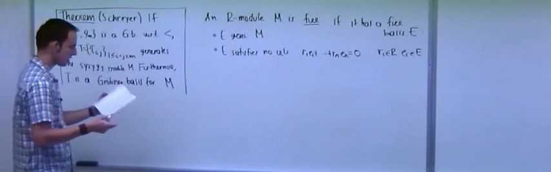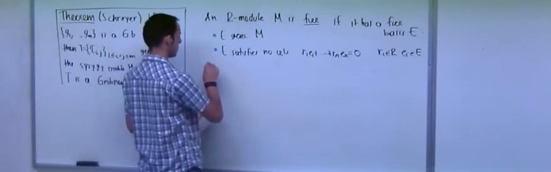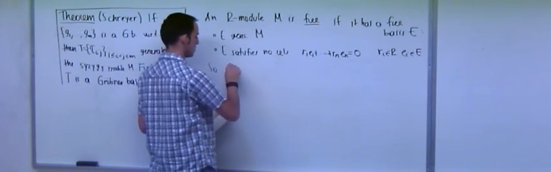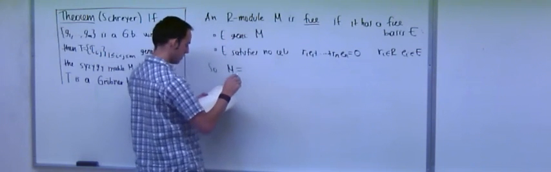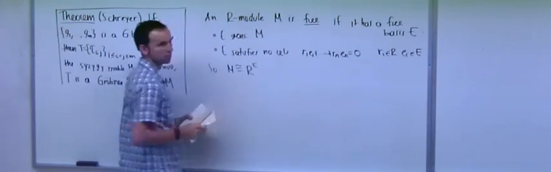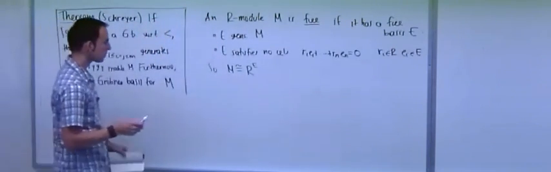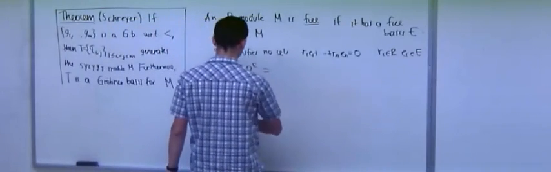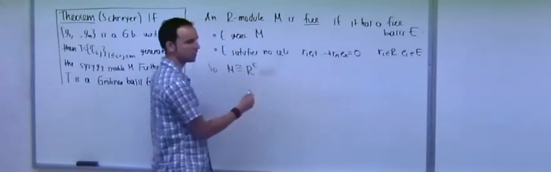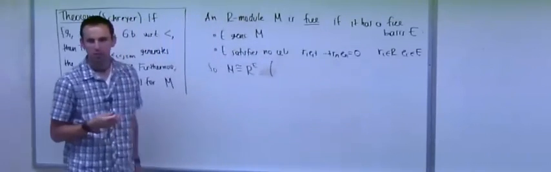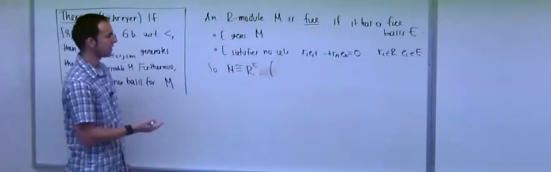The nice thing about this is that free modules just look like this. For example, if E is finite, usually we're going to care about finitely generated modules.